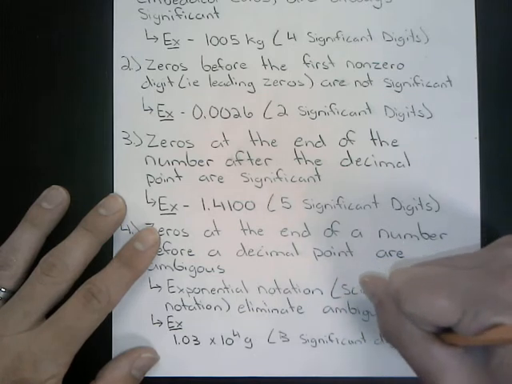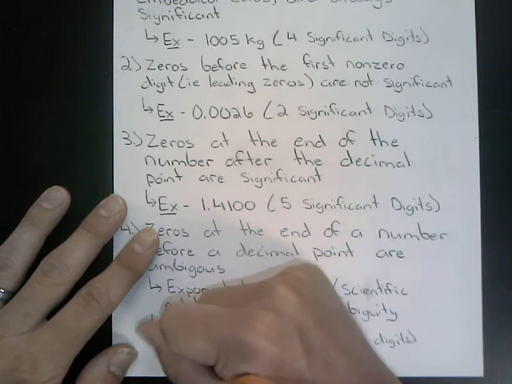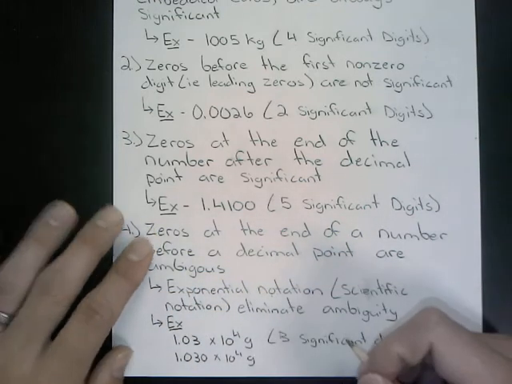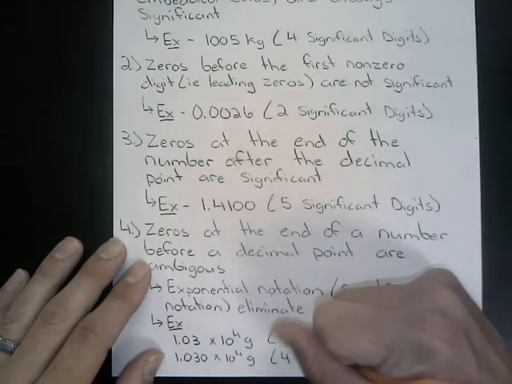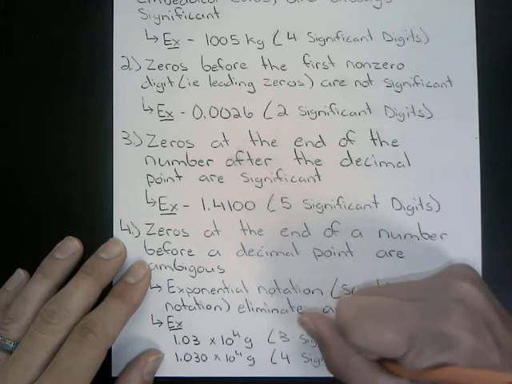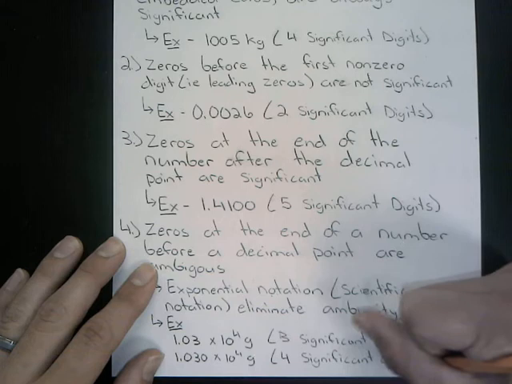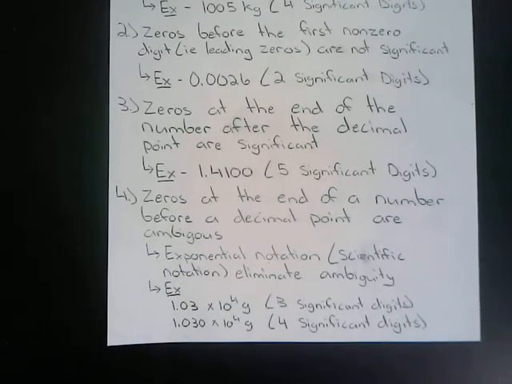Now, if I say there's 1.030 times 10 to the 4th grams, there are 4 significant digits. So to help avoid counting versus not counting the zeros, you can put it into scientific notation.